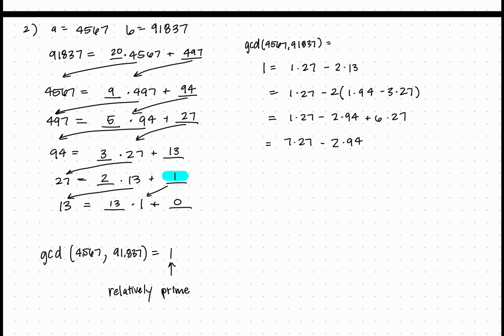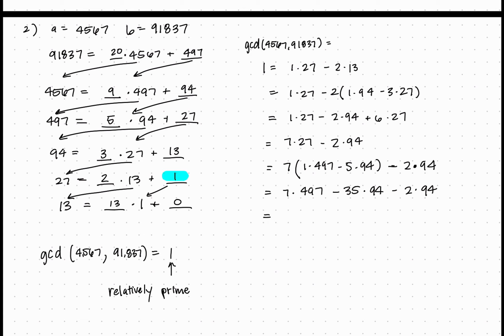Okay, I'm going to move up. Which one of these is smaller? Smaller is the 27. I'm going to go up here and replace the 27 with 497 minus 5 times 94. So I have 7 times 497 minus 5 times 94, and I still have those two 94s hanging out on the end. Distributing, I have 7 497s minus 35 94s, minus the 2 times 94.